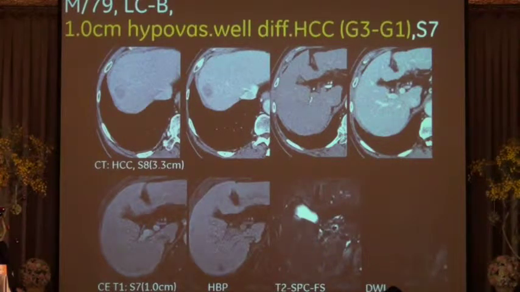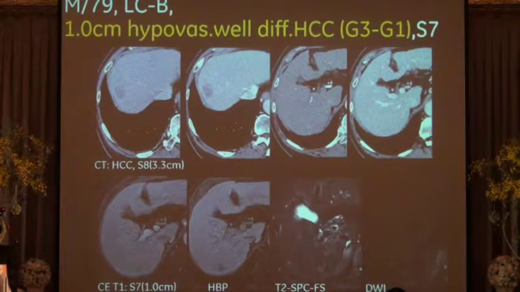This is the second example. A 79-year-old male patient with a 3 cm HCC in segment 8 and a 1.0 cm HCC in segment 7. EOB MRI shows a hypovascular nodule in segment 7 with a defect in the hepatobiliary phase, T2 high signal with no diffusion restriction.